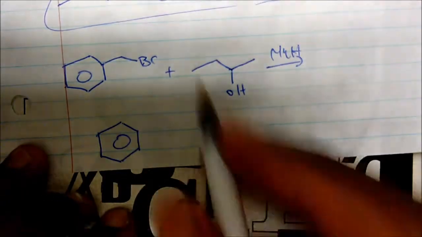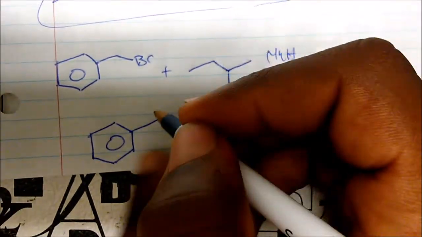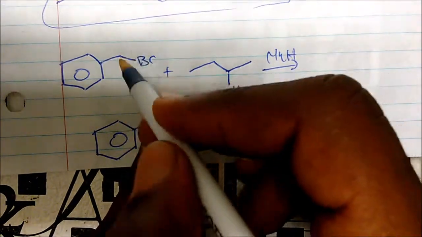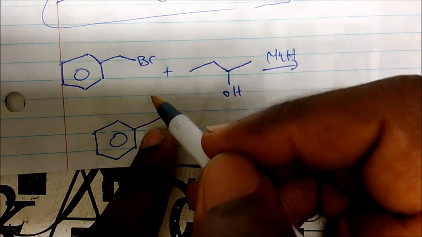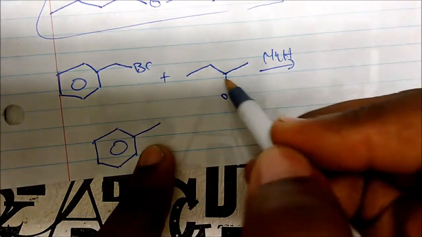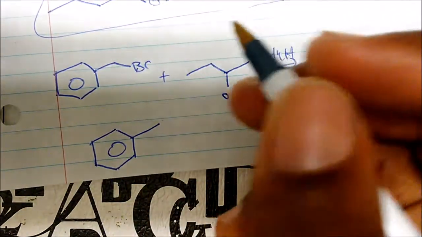So with that serving as my nucleophile, that means my product has to look something like this. We have an O, we have a phenyl ring that's bonded to a bromine, that's bonded to a carbon. This bromine gets displaced. So our oxygen would replace that bromine.